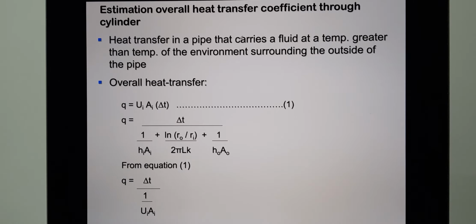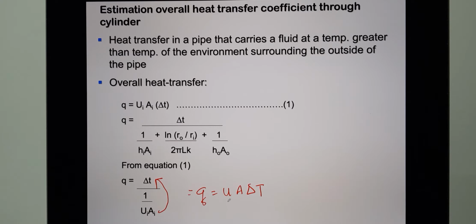So for overall heat transfer, we have derived just now the equation Q equals UA delta T. From equation number 1, we can rearrange the equation and it becomes Q equals delta T over 1 per UA.